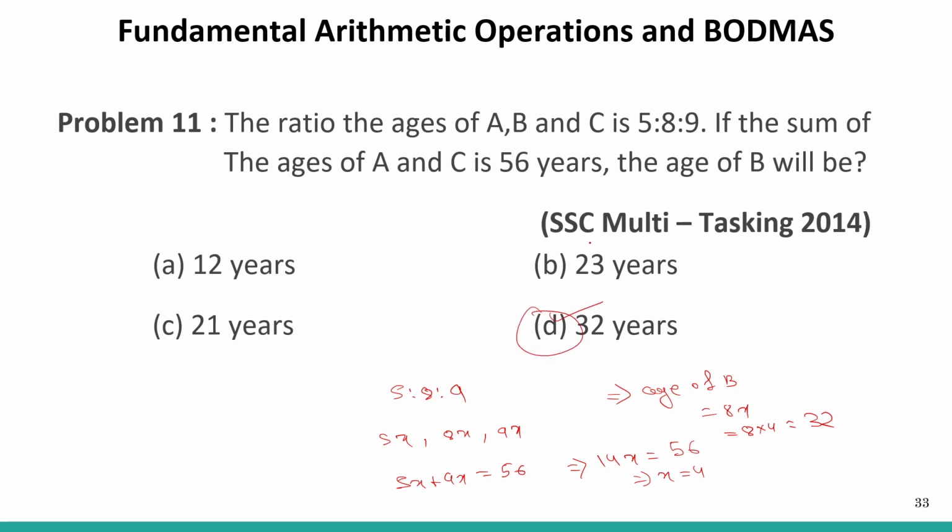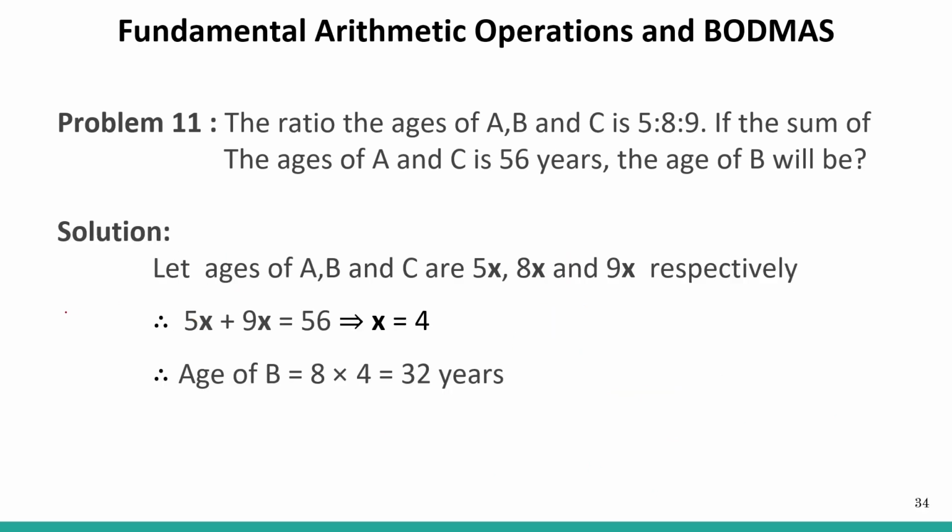This will be the correct answer. The other options are wrong. This question has been asked in the SSC Multitasking 2014 exam. Here we have considered 5x, 9x and 8x as the ages of A, C and B respectively. So the age of B will be 8 into 4, equal to 32 years.